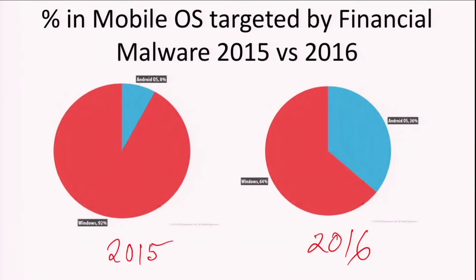Now you see that in 2016 until October, the number has increased to 36% for Android. Most people are using Android, so this is increasing. The reason is obvious: the incentive for criminals is increasing because more people are using Android-based devices for banking.